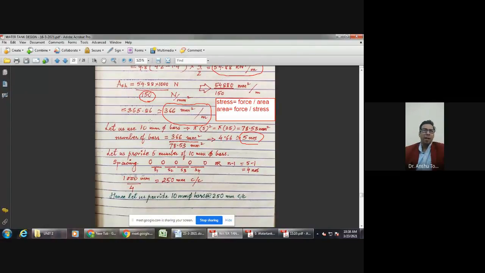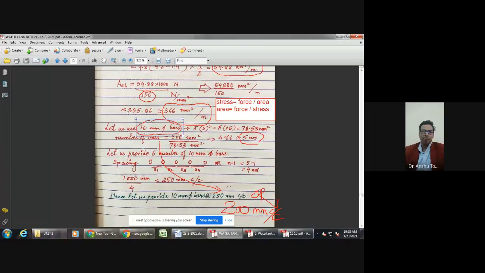So 10 mm 5 bars at the spacing of 250 or 200 mm. Both are correct. In 200 mm center to center, the only thing is that you are providing extra reinforcement, which is uneconomical, but it is safe.